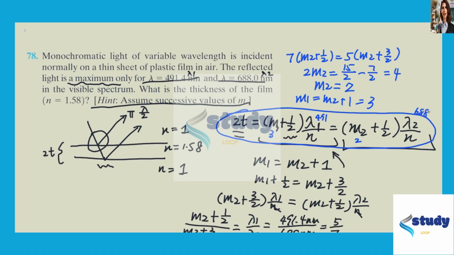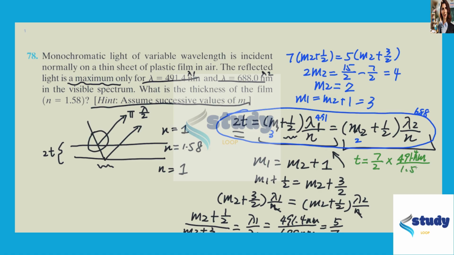So if we end up doing that, what we get is t equals, I will be using m1 in this case, t equals 7/2 times 491.4 nanometer over 1.58.